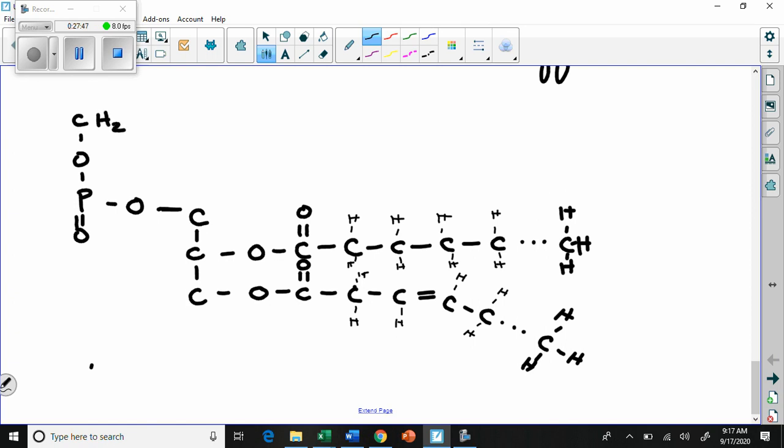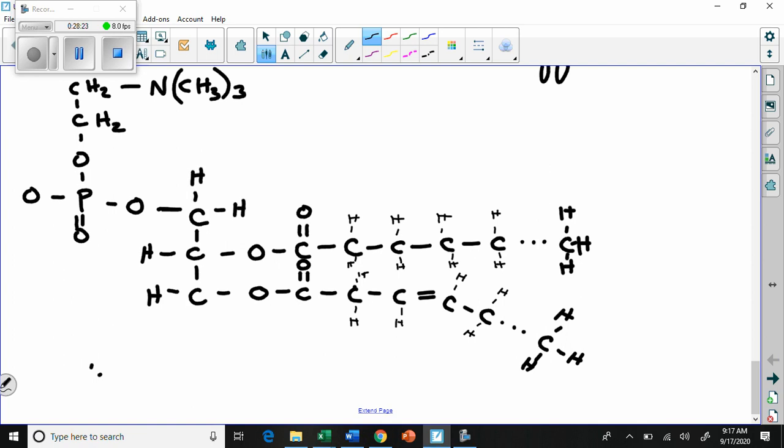We'll do the shortcut version. So that's two C's coming off, and then another CH2 up here, and bonded to that is a nitrogen atom, with three CH3 groups stuck around it. We don't have to worry about what that's called. It's actually called a choline. This is a choline molecule. The other O goes here, and the other H's go here, and there should be another H here, and an H here.